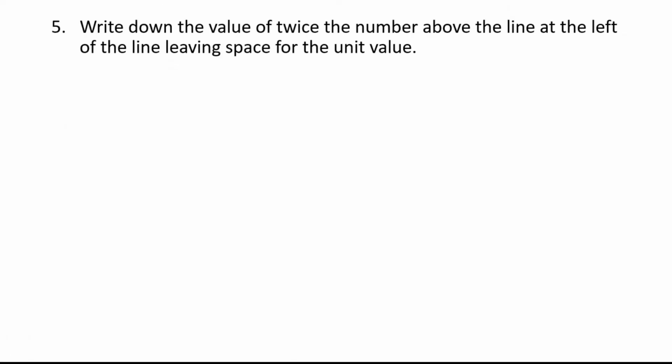Write down the value of twice the number above the line at the left of the line, leaving space for the unit value. The number above the line is 4. 2 times 4 is 8. You write 8 at the left of the line, leaving space for the unit value here.